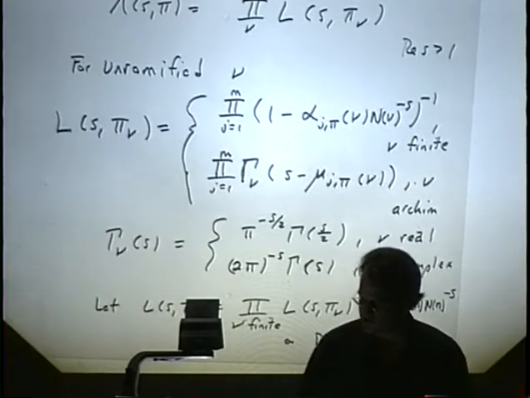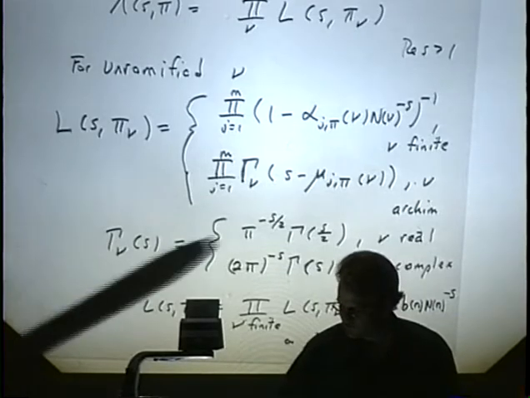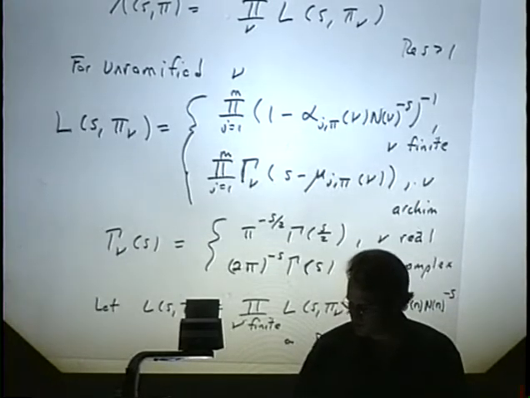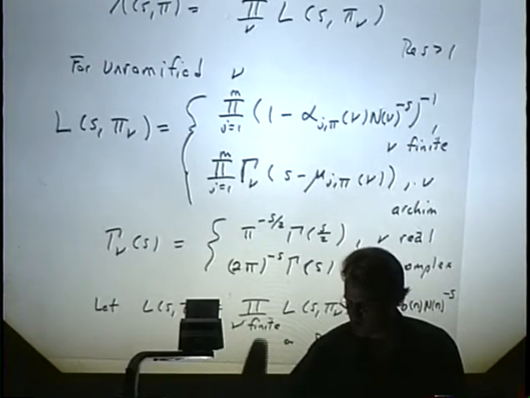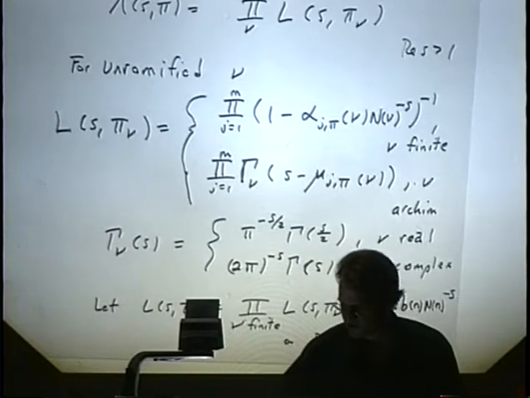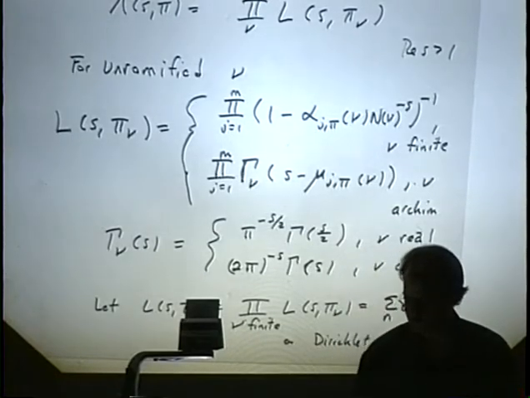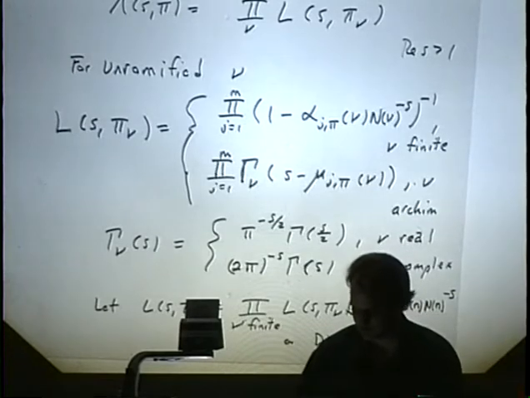And at the infinite place, these are products of gamma functions, and two different gamma functions depending on whether we have real or complex embeddings. And I will call L_S(s, pi) the product over the finite primes, because that's a Dirichlet series. For some issues, it's very important to distinguish the Dirichlet series from the gamma factors, or the finite factors from the gamma factors.